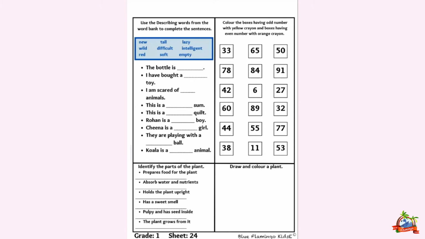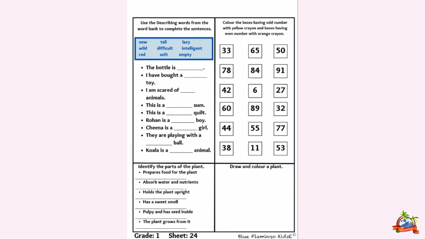Like 2, 4, 6, 8. All these numbers means every second number, हर दूसरा number like 0, 2, 4, 6, 8, 10, 12, 14, 16, 18, 20, 22, 24, 26, 28, 30. ये सब क्या है? ये सारे हैं even numbers.